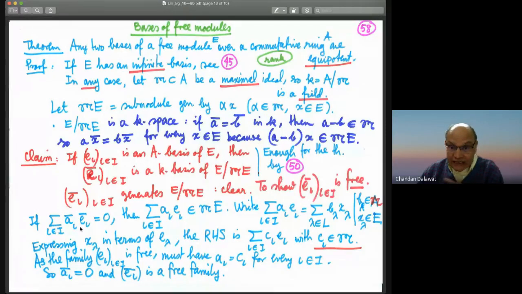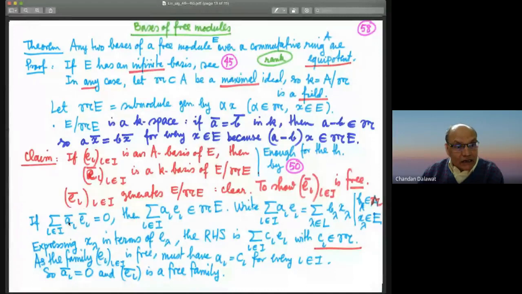In order to show that it's a free family, you have to show that whenever there's a linear relation, all the coefficients are 0. Okay? So suppose I have a linear relation, sum over iota in I of A iota bar, E iota bar, and that sum is equal to 0.